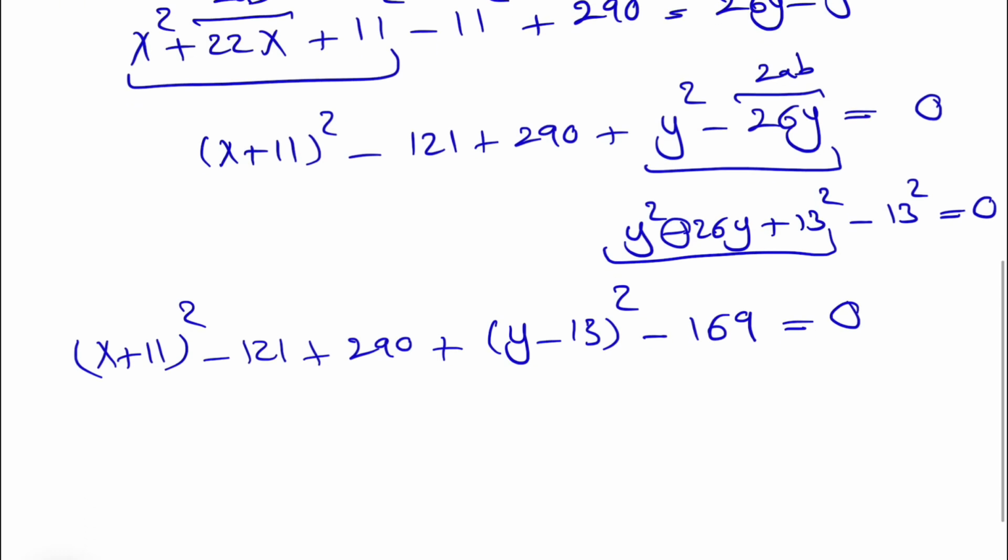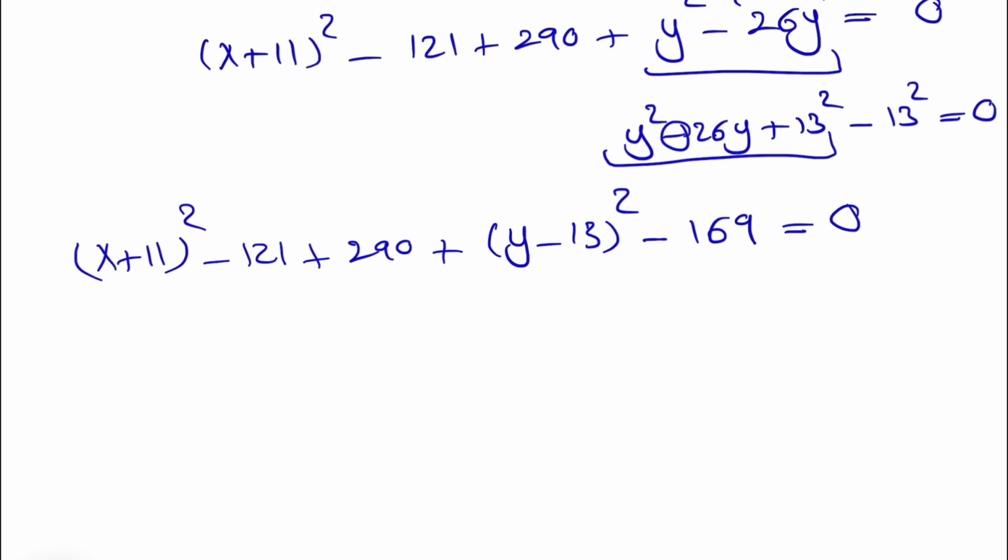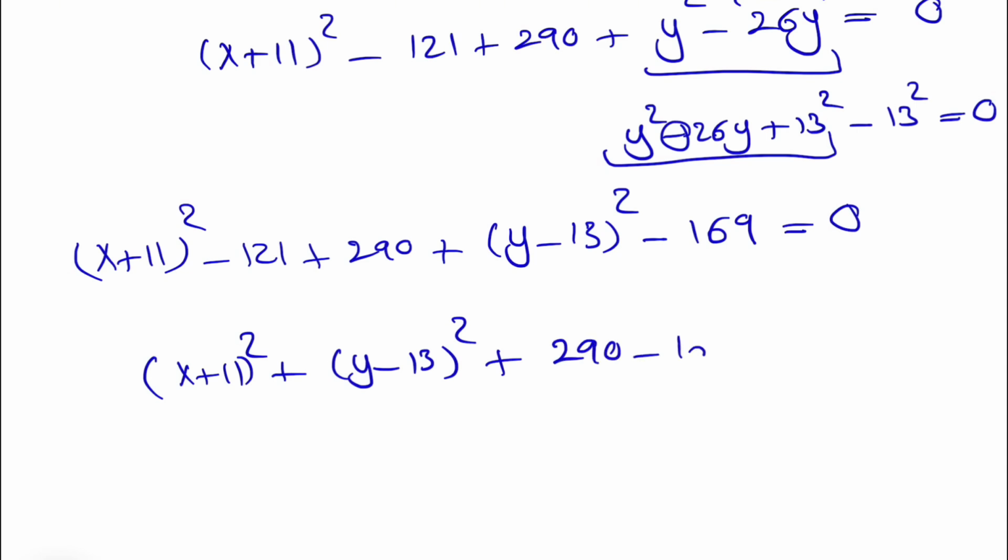So now that we made our perfect square from our two expressions with x and y, so we have x plus 11 squared plus y minus 13 squared, and we have 290 minus 169 minus 121 is equal to 0, and we'll see that 169 plus 121 is also 290.